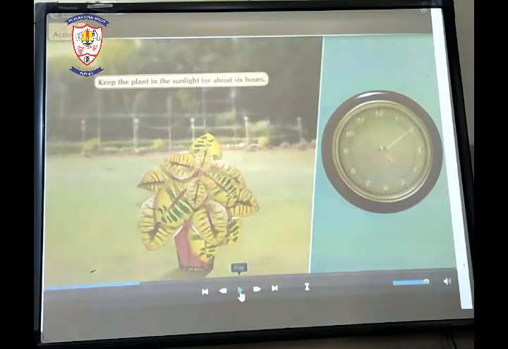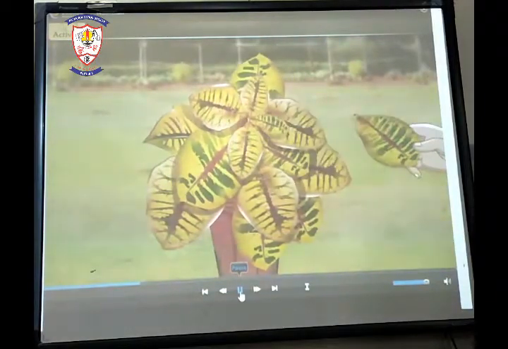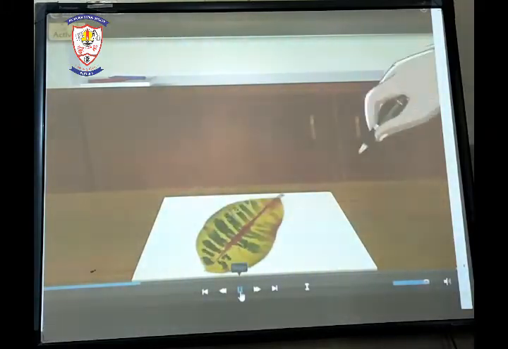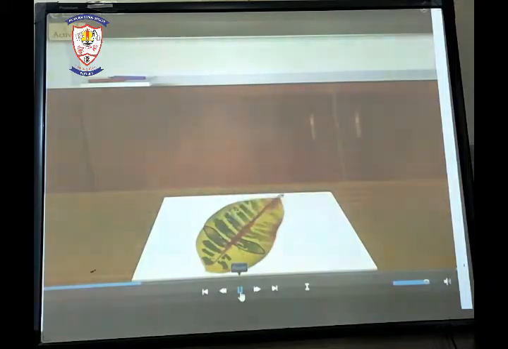Then keep this plant in the sunlight for about 6 hours. Now pluck a leaf of that plant and mark the green area on it.